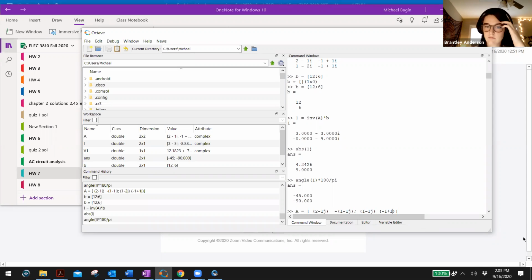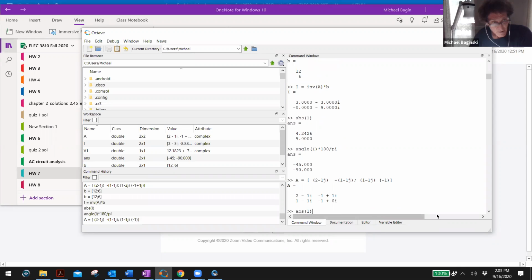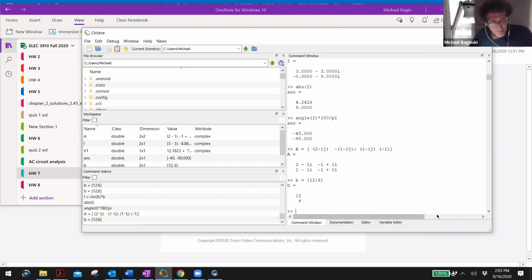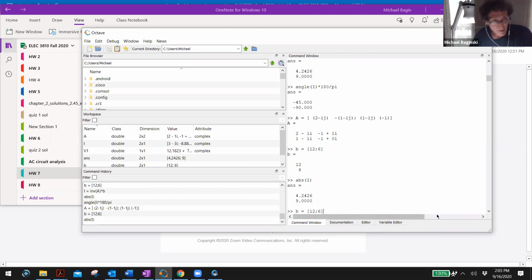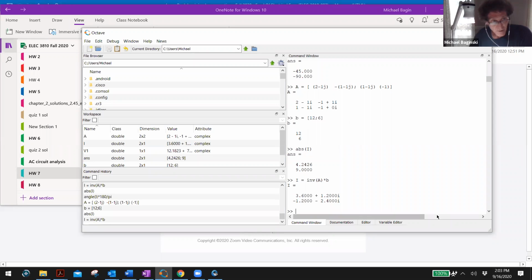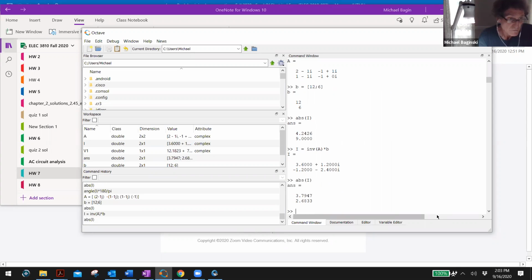Are you with me? Yes. Then if I put that in for A, I got B right. And then the absolute value of I, and then the angle of I times that.